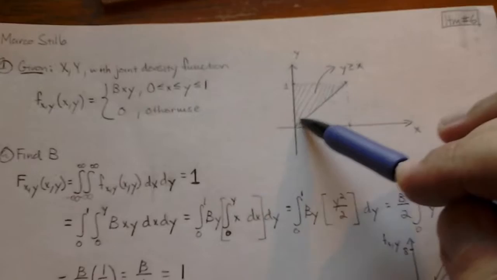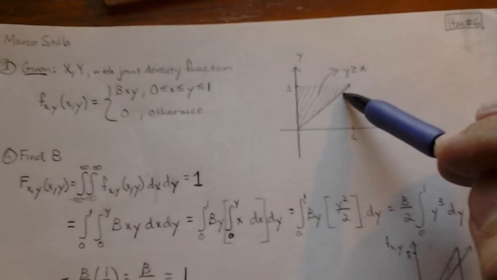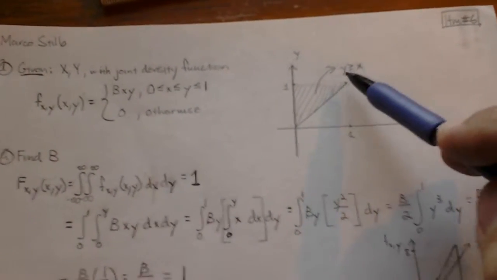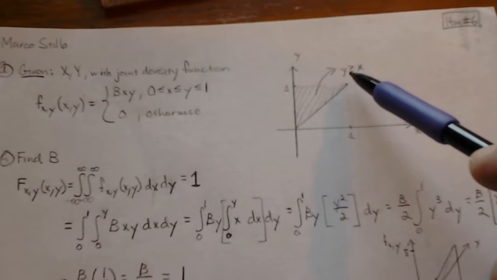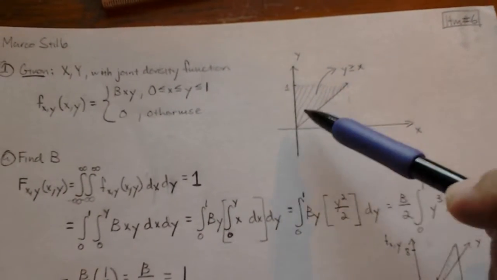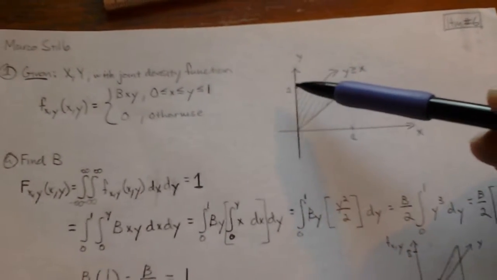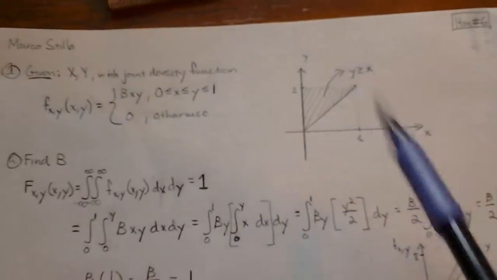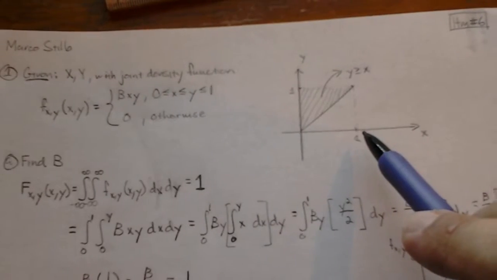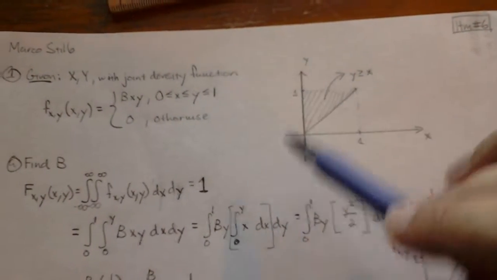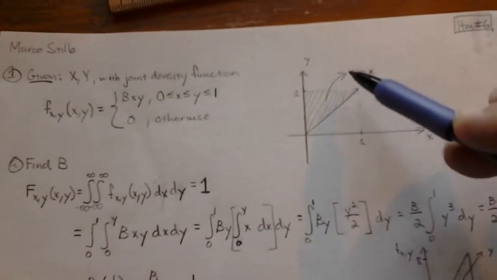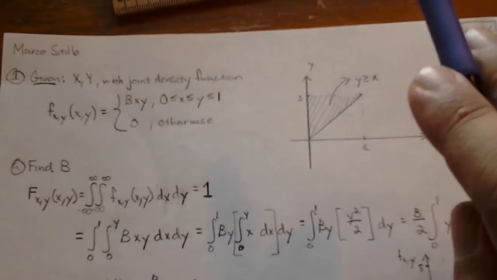Because we specifically want values of y greater than or equal to x, it's basically everything in this box above this line, also defined on 0 to 1 on the x-axis and 0 to 1 on the y-axis. So this is our region on the xy plane. Okay? Let's get back to it.